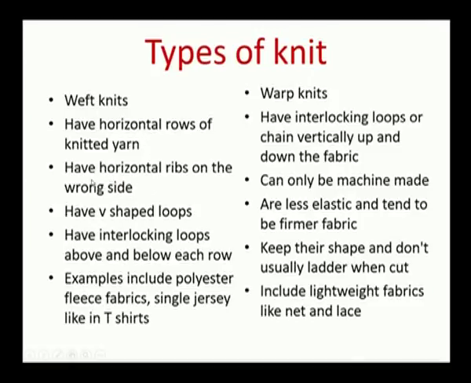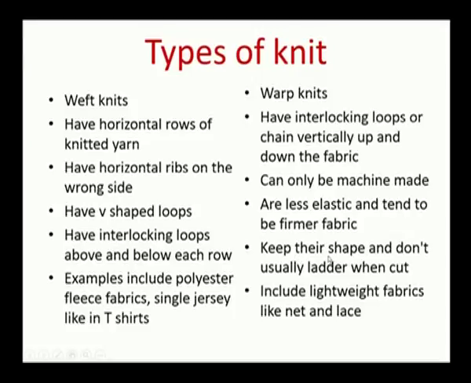And next has horizontal ribs on the wrong side and can only be machine made. So, it is not man made, it can be made by machine. Have V shaped loops, are less elastic and tend to be firmer fabric. Have interlocking loops above and below each row.